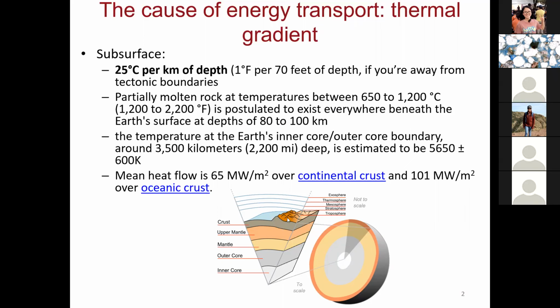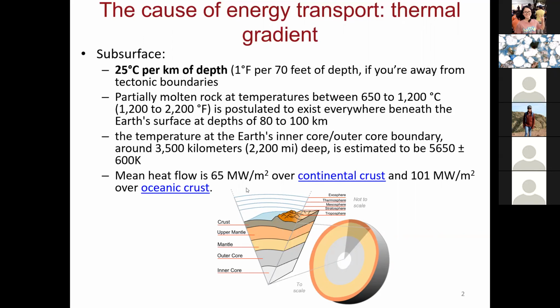And you can see here crust, upper mantle, mantle, outer core, and so forth. The temperature of the Earth's inner core is estimated to be 5,000 Celsius degrees and above. I actually have it stated in Kelvin here. Oh, wow. That's just a shift, but it's still in thousands of Celsius degrees.